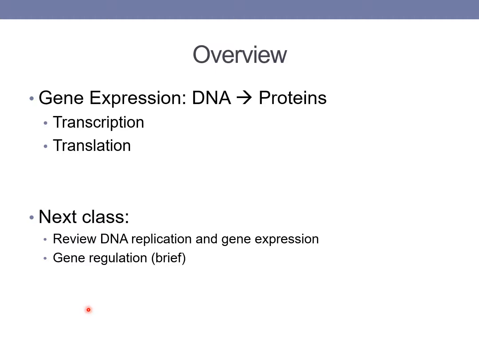Genes are not always transcribed and translated unless their products, the protein products, are needed inside the cell. And that allows the cell to save energy and use those resources of those building blocks to make things that are absolutely necessary for the cell.